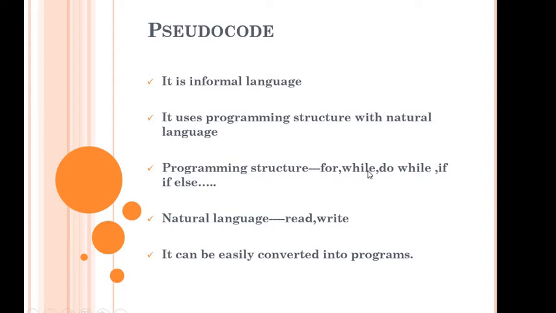All the structures we use inside a programming language, we can use inside the algorithm also. These structures are used with some English words to write the steps efficiently. By seeing the pseudocode, it can be easily converted into a program by the programmer.